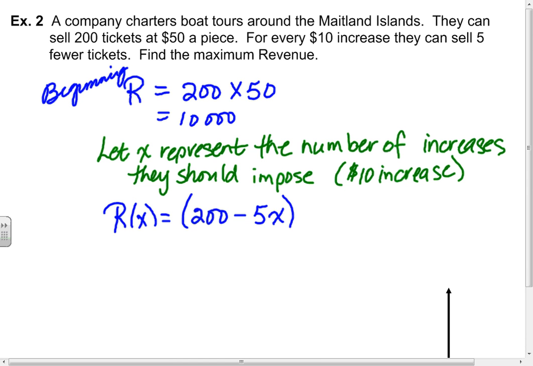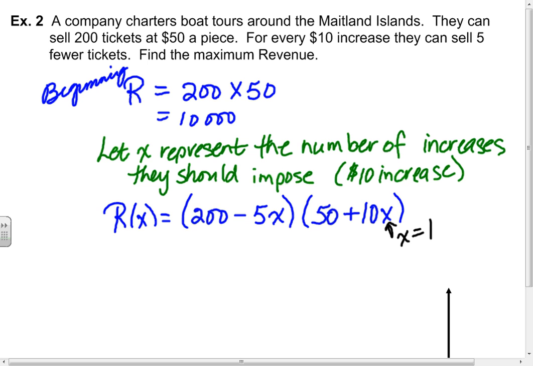The new price will be $50, but we've increased the price x times. So maybe we'll increase the price once, and our tickets are now $60, but we will only sell 195 tickets. So that's where we get that equation from.